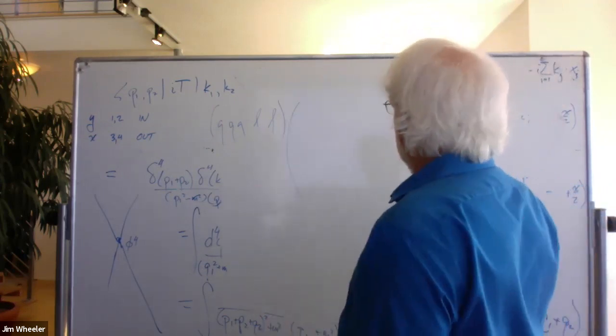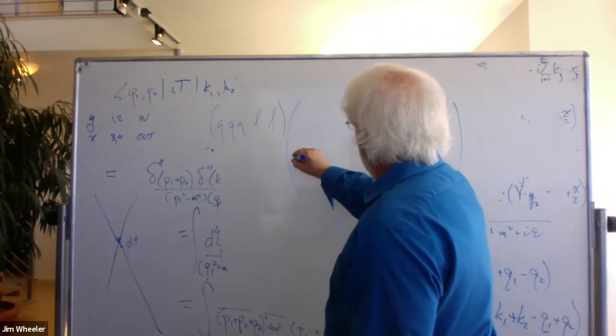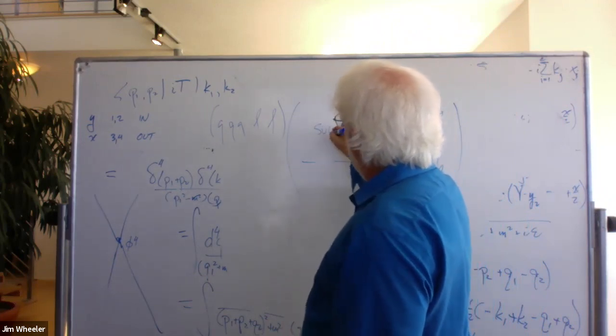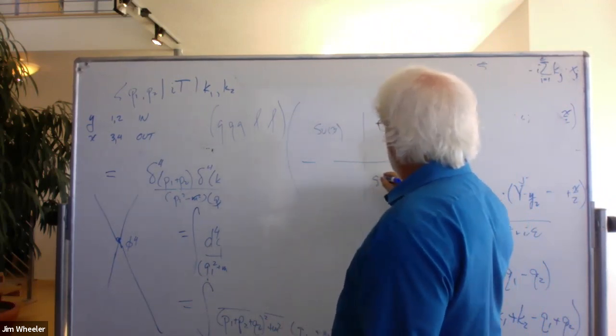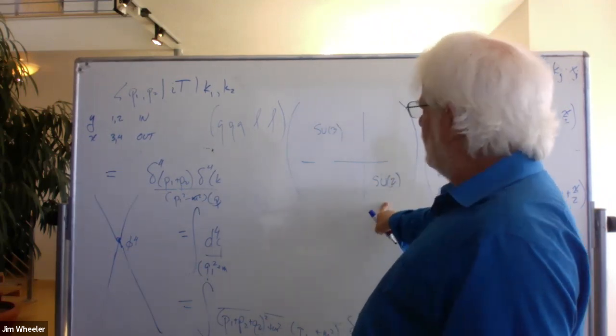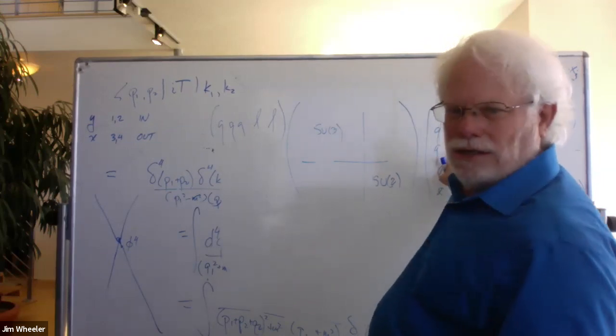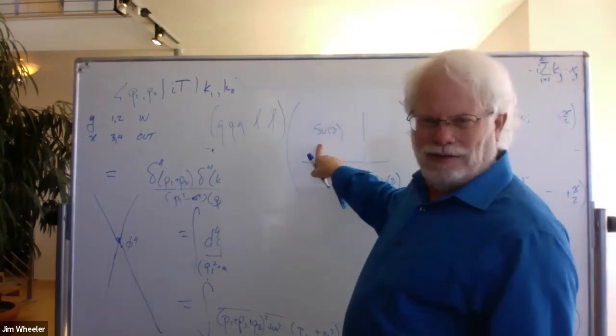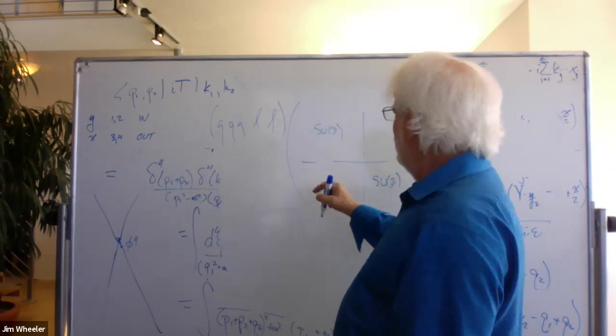the lepton pairs. And what you can do is divide this up and put an SU3 up here and an SU2 down there. So the weak pairs interact via SU2, the quark colors interact via a generator of SU3.